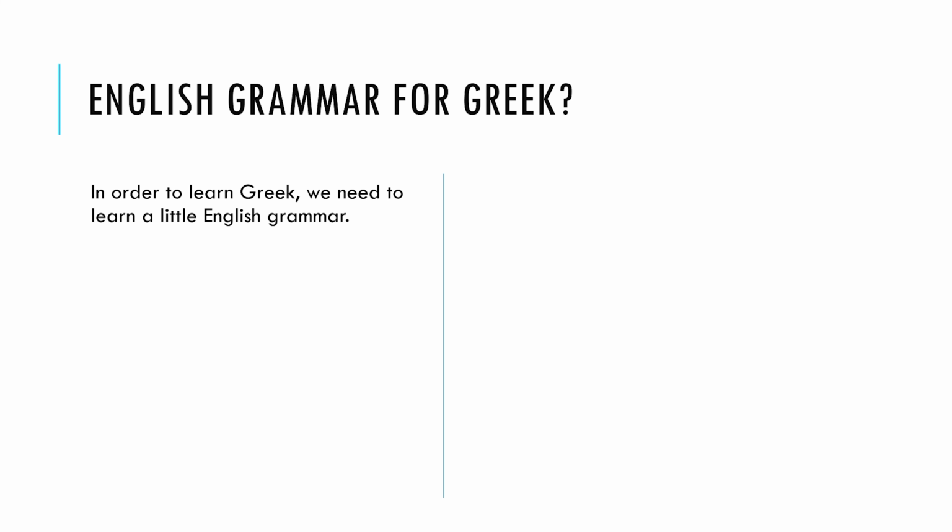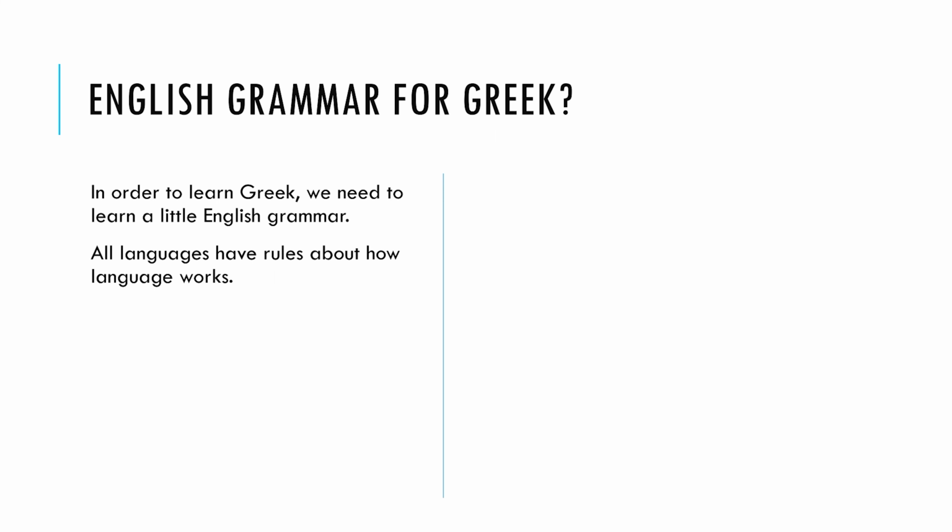The grammar, the rules behind the language, are going to be what really helps you to understand the language. And so in order to learn the rules of the Greek language, it's going to help us to understand a little bit of our language, how it works, so we have something to compare it. So that leads me to my first point, that every language has rules about how that language works.